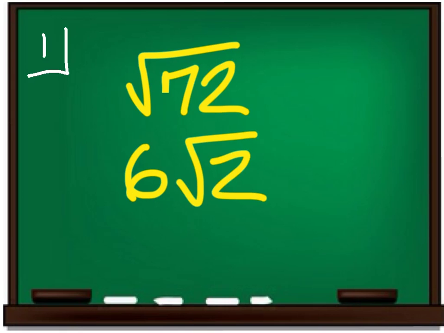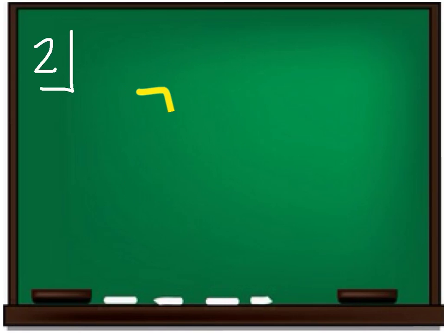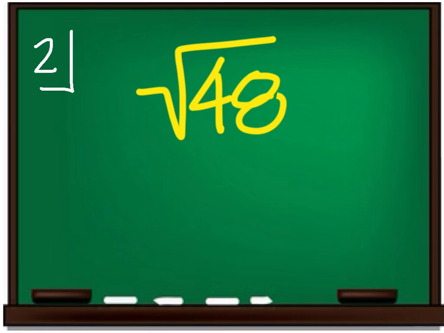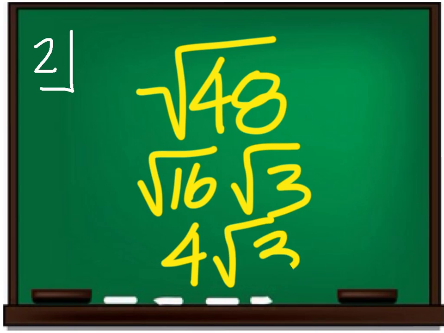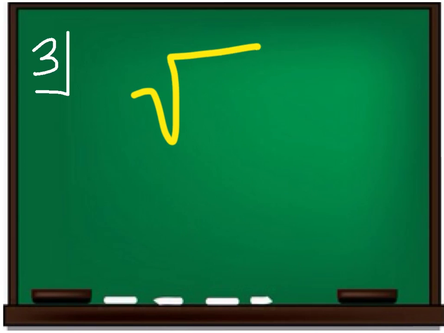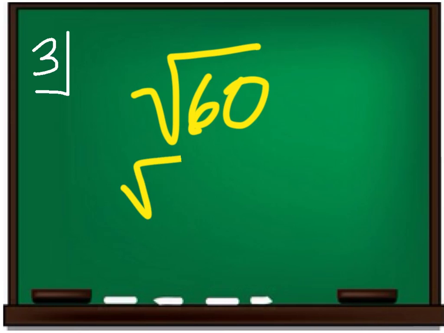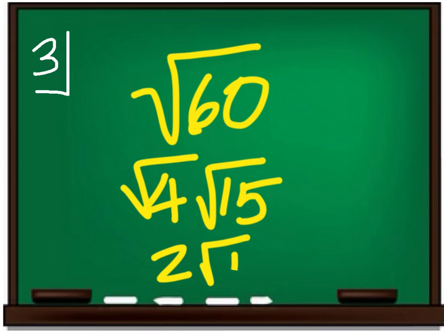6 square root of 2. This breaks up as 16 and 3, which is 4 square root of 3. This one breaks up as square root of 4 square root of 15, which is 2 square root of 15.